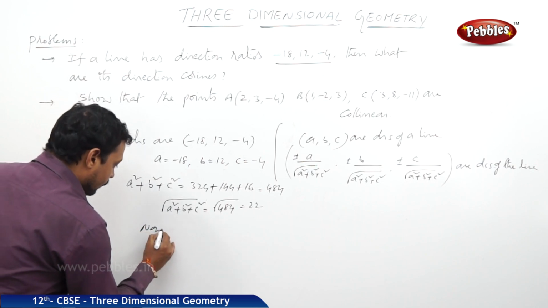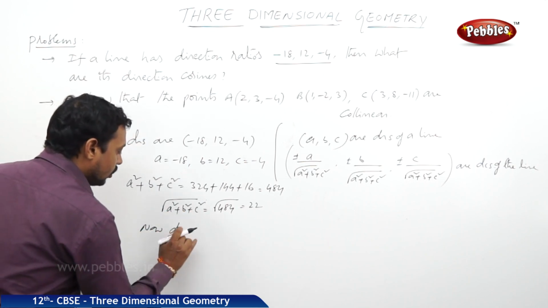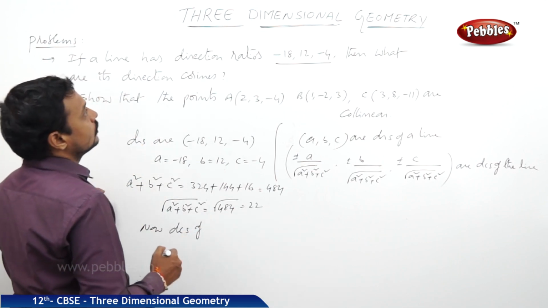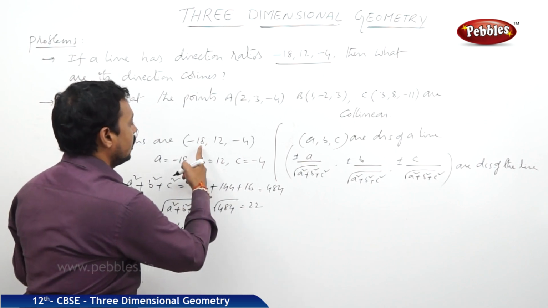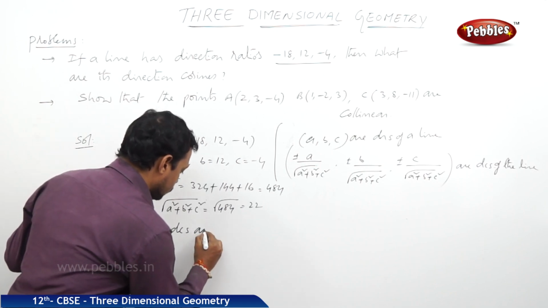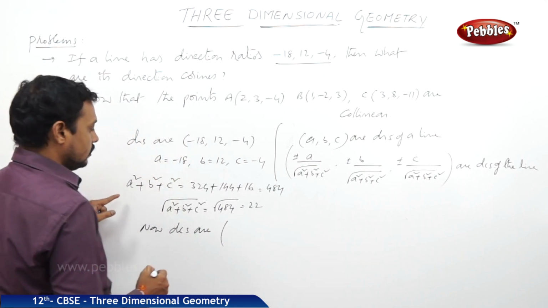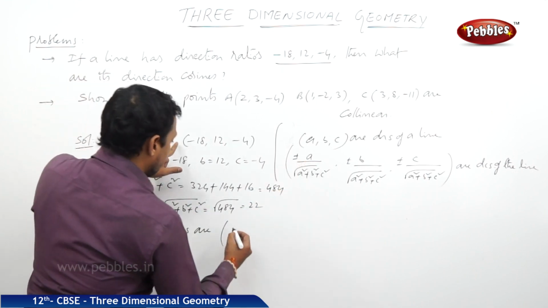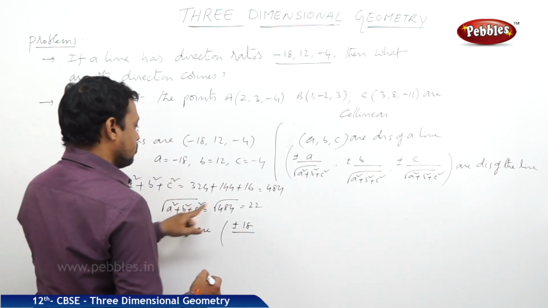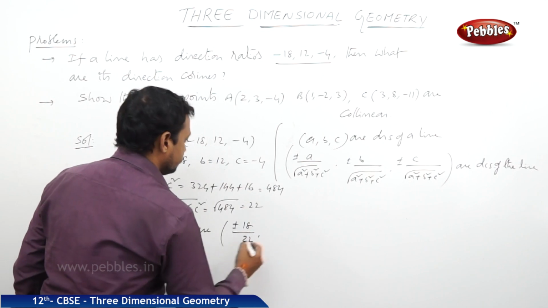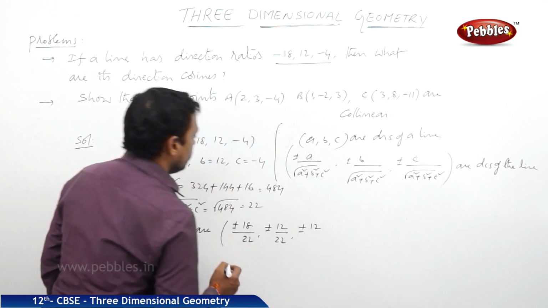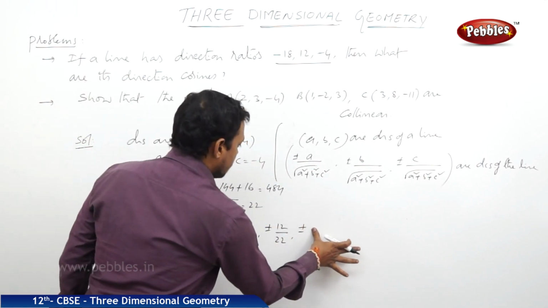Now the direction cosines (DCs) of the line whose DRs are minus 18, 12, minus 4 are A by plus or minus root of A square plus B square plus C square. That means it is plus or minus 18 by 22, plus or minus 12 by 22, plus or minus 4 by 22.